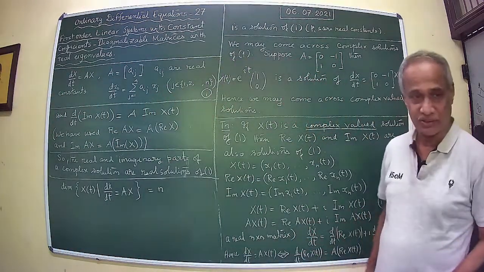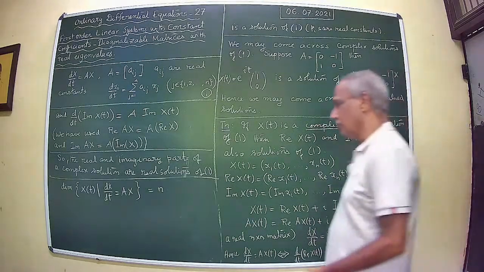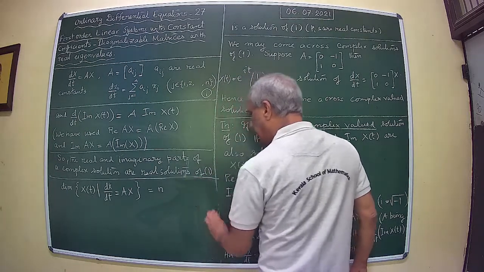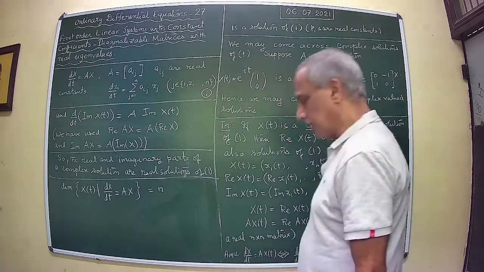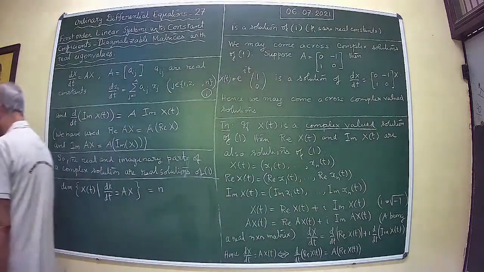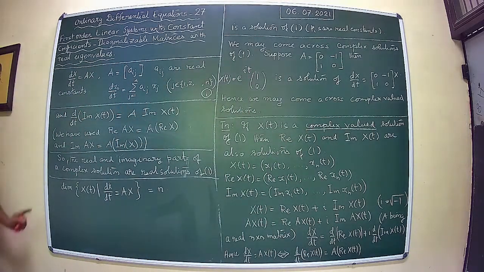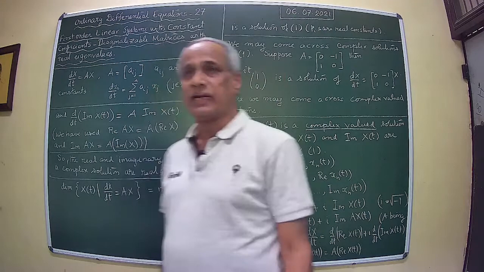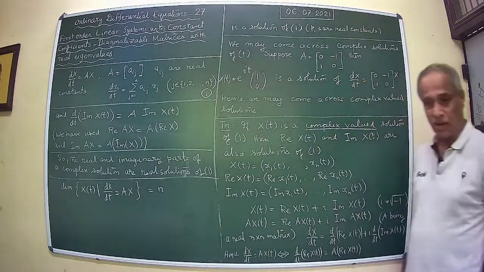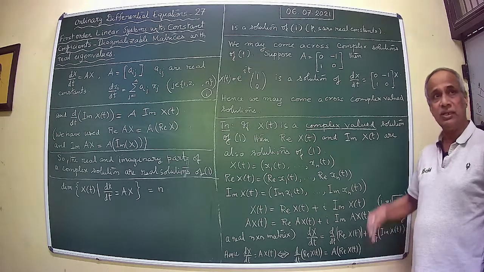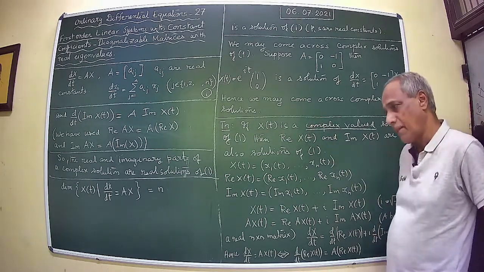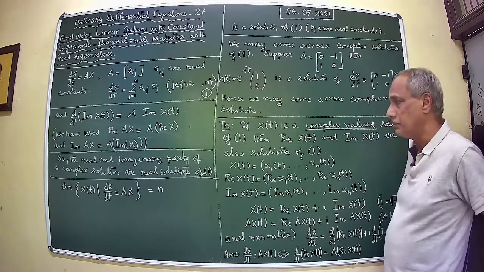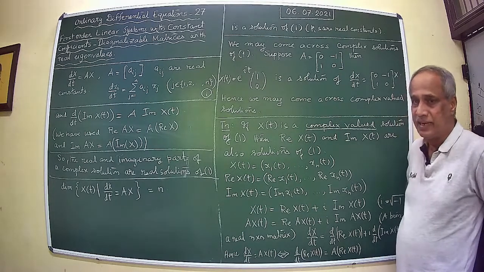If you have a fundamental set of solutions, real or complex, then their real and imaginary parts also give you a new set of solutions, and this may be more than n, but you cannot have more than n linearly independent solutions.